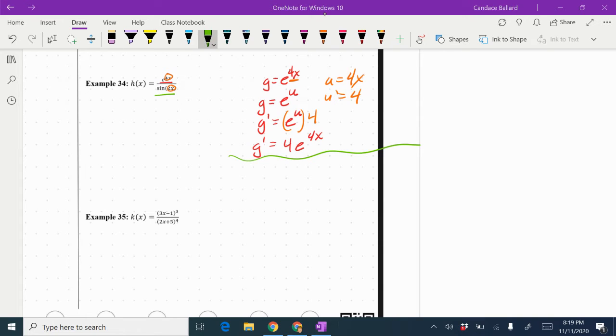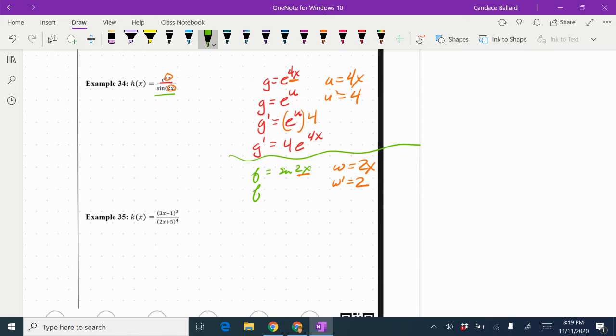My green derivative, I'm going to use h. Oh, I've already got h. Let's use f. So f equals sine of 2x, meaning that I've already used u, so I'm going to use w is 2x. And then w prime, my derivative of my inside, is 2.